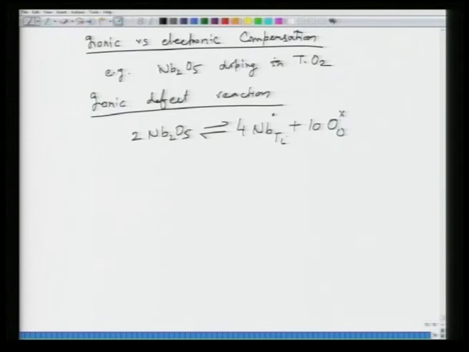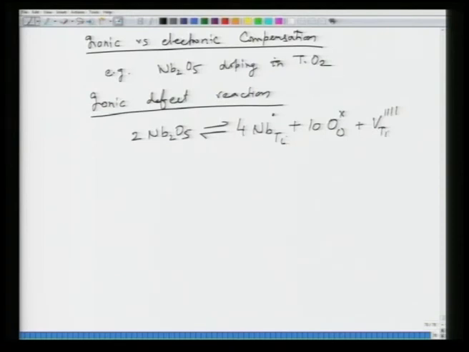Now, there is a problem here, since all the 10 oxygens go to oxygen sites, but only 4 niobiums go to titanium site, whereas stoichiometry requires 1 cation site for 2 anion sites, which means I create a vacancy of titanium, which would be minus 4 charged. So, this would be the site balance.